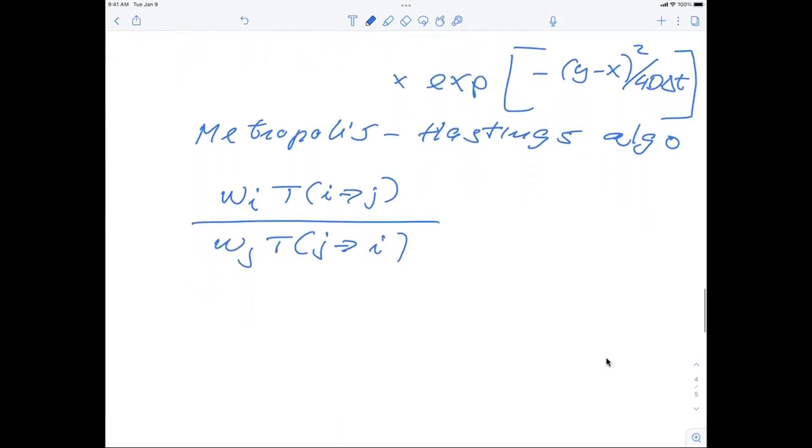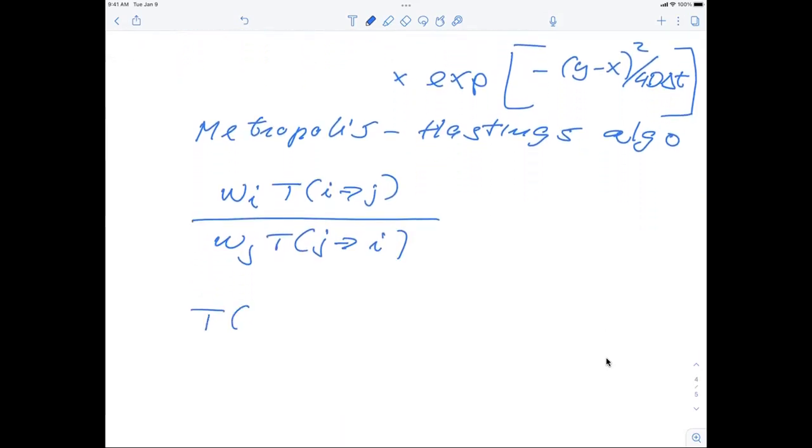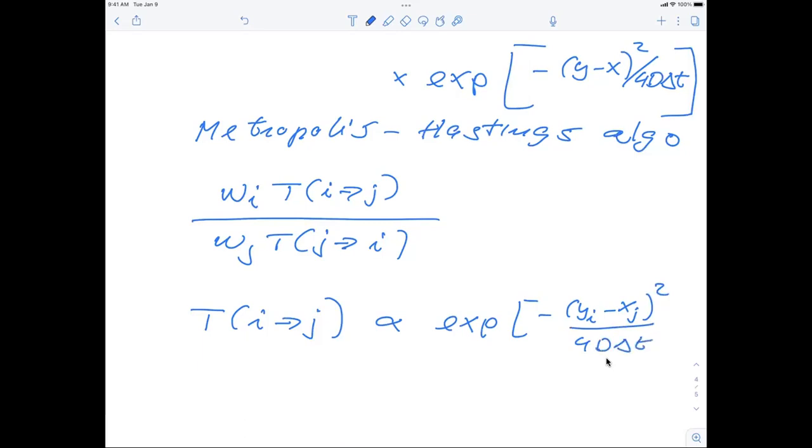And now we are going to assume that this T of i to j is proportional to this Gaussian, which we have derived. So this would be an exp, and then we're going to write it like a minus 1 over, and you could now think of y being your final state. So we put an i here, minus x, which is the initial state, and this is divided by this 4D times delta t.